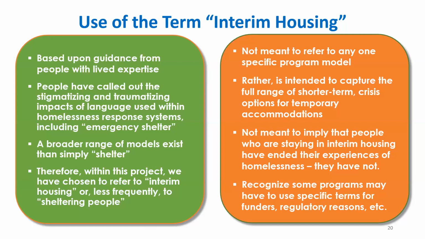The term interim housing is also not meant to imply that people who are staying in such programs have ended their experiences of homelessness. People in interim housing programs of any type are still experiencing homelessness, and interim housing programs alone cannot end homelessness within our communities.